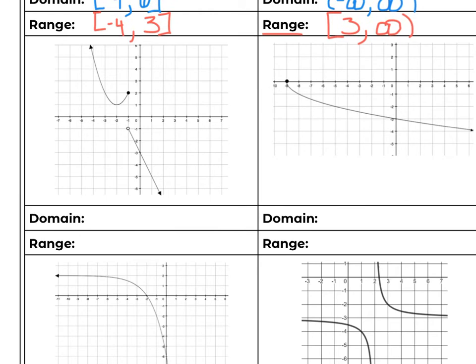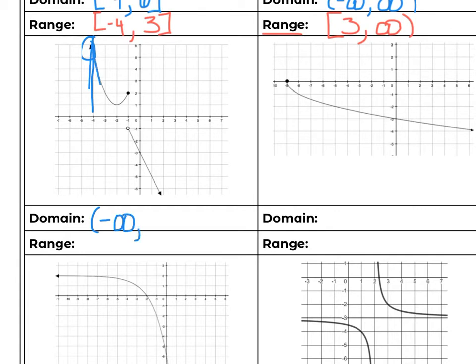Let's look at these next two. Now, the next one is something we'll look at later called a piecewise function. Maybe you can get why it has that name, because my graph is in two pieces or two chunks. Part of it's a parabola and part's a line. But we're going to start the same way. So with domain, the first thing I hit is this arrow that's going to the left, which means it's going to -infinity.